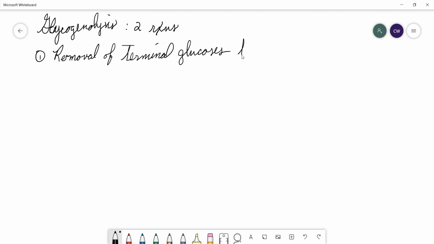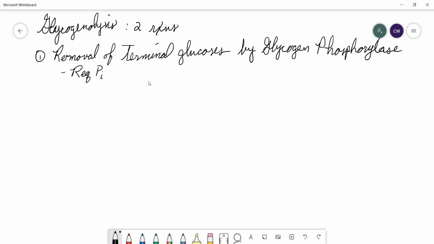This is done by glycogen phosphorylase. Okay? It requires inorganic phosphate. All right? And it stops, right? It stops when it's within 4 residues of any branch point.